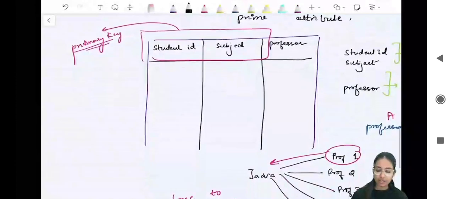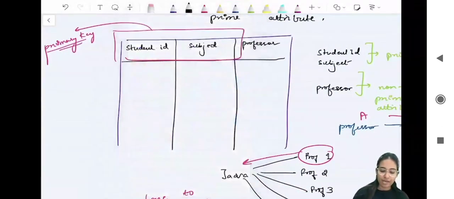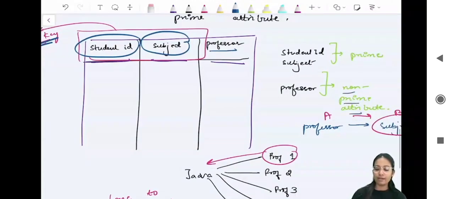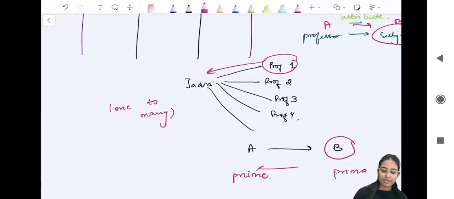All right, and here you can see in this example, I am storing subject, student ID and professor. Here the primary key is student ID and subject, because both of them are going to be used to uniquely identify a row, whereas professor becomes a non-prime attribute and these become prime attributes. Okay, and the relationship is that a subject can be taught by multiple professors, but a professor just teaches one single subject.